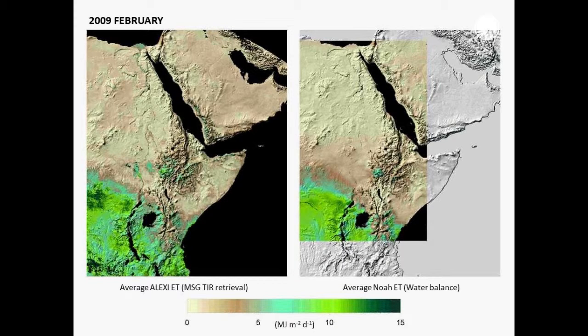If you can hit return or enter. Okay, so you can see the thermal retrieval captures the enhanced evaporative flux over the intensely irrigated Nile River Delta. The middle box is another irrigation scheme in Sudan, that's the Gezira scheme. We see an enhancement there. And then the bottom box is the Sudd wetland, which is a major sink of water along the White Nile course.